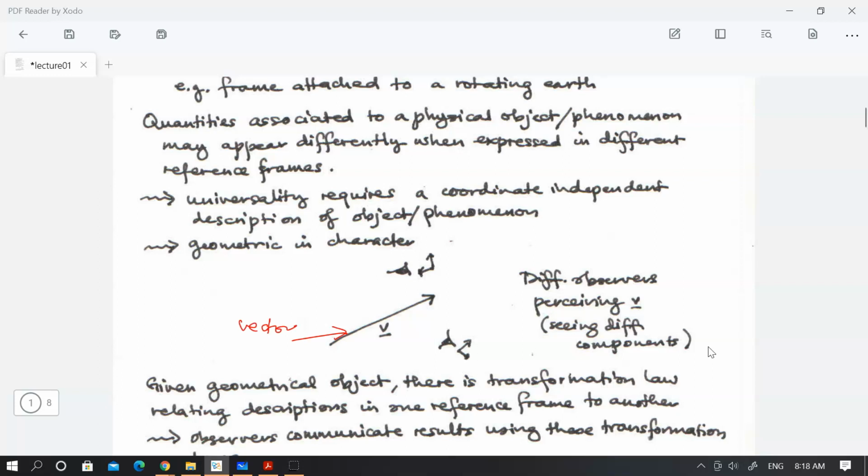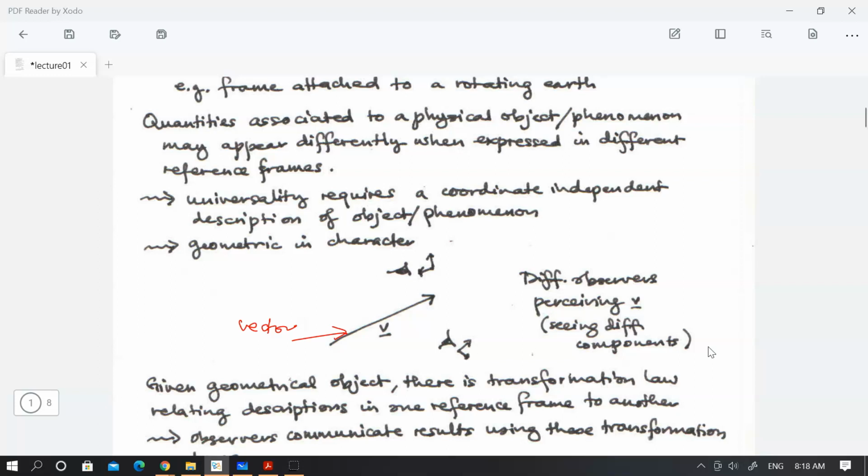Then this vector, if you use the ordinary vector algebra, has components to it. So it really depends on the reference frame of the observer what these components of this particular vector are going to be. Another observer will have a different set of components of the vector, but both can be made to agree that this vector is pointing in space in some direction.